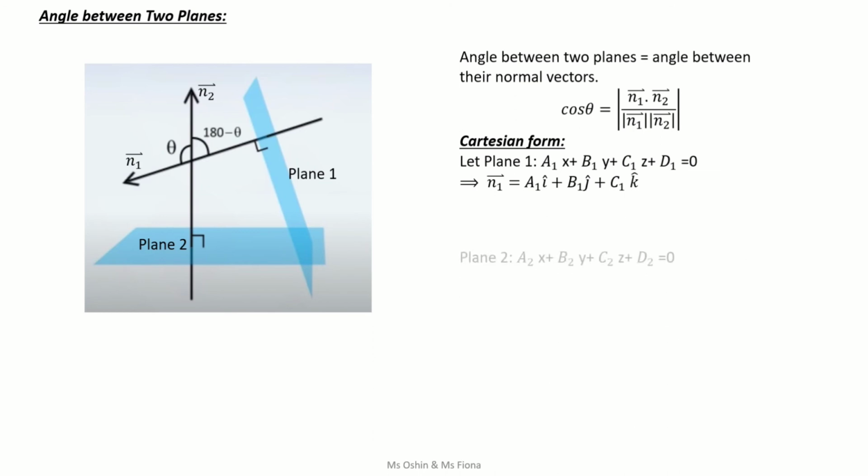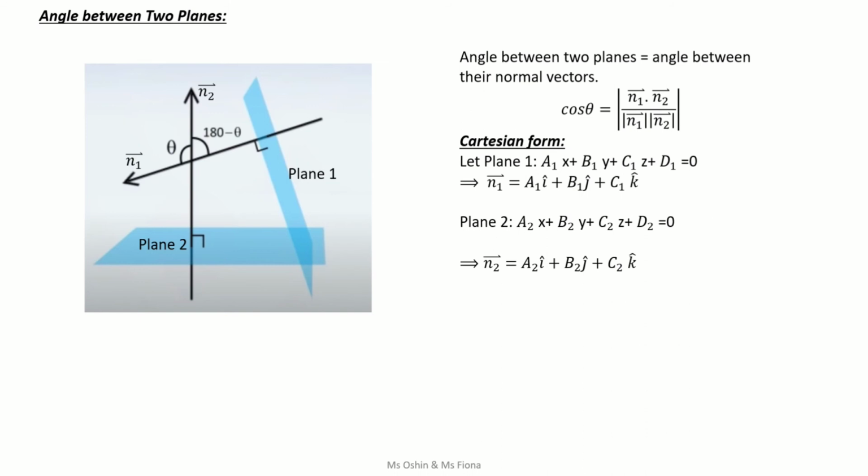Similarly, let plane 2 be a2x plus b2y plus c2z plus d2 is equal to 0. Here, a2, b2 and c2 are the direction ratios of the normal to plane 2, that is the vector n2. Therefore, vector n2 is equal to a2 i cap plus b2 j cap plus c2 k cap.